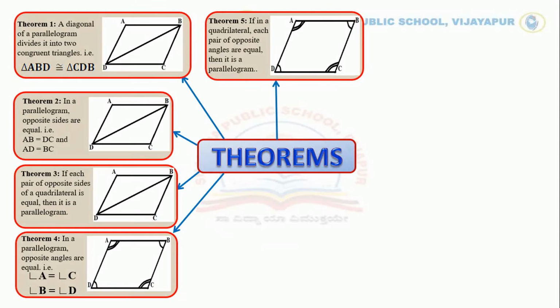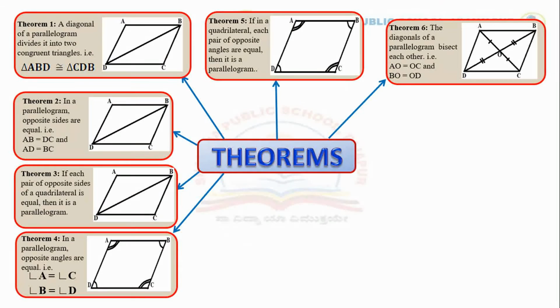Theorem 5. If in a quadrilateral, each pair of opposite angles are equal, then it is a parallelogram. That is, if angle A is equal to angle C and angle B is equal to angle D, then ABCD is a parallelogram. Theorem 6. The diagonals of a parallelogram bisect each other. That is, AO is equal to OC and OB is equal to OD. To prove this, we consider the triangles AOB and DOC.